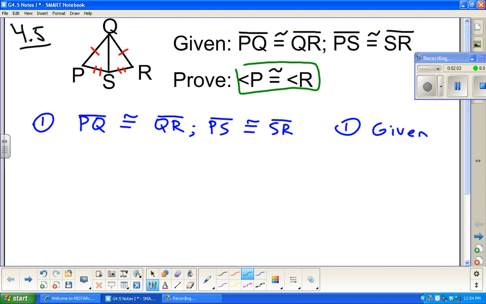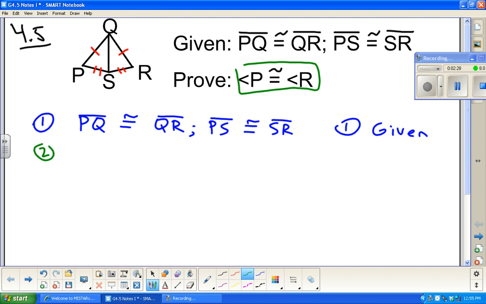Devin, what do you think? Yeah, that's what I'm thinking. If we can somehow show these triangles are congruent, then if these angles happen to be corresponding angles, we would know they're congruent. So we're trying to prove a piece of a triangle is congruent to a piece of another triangle. So let's show the triangles are congruent.